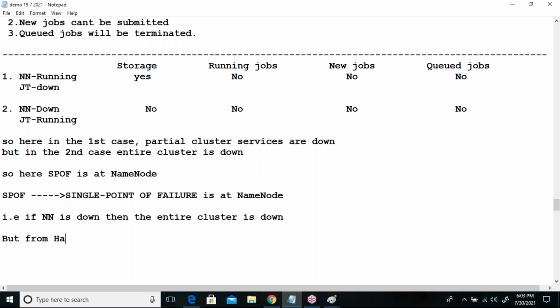But from Hadoop 2.x version onwards, it is SPOF free.